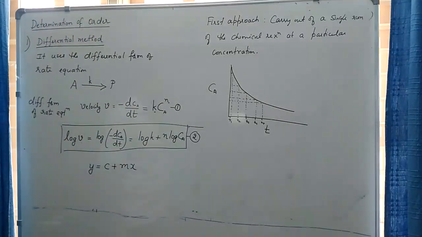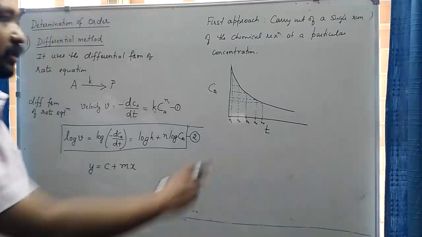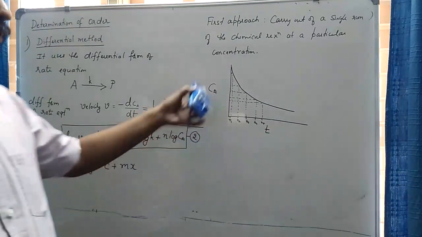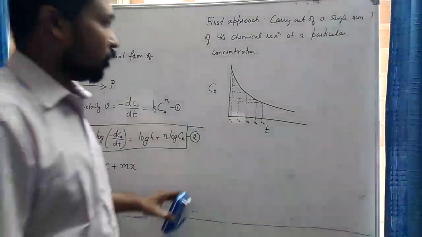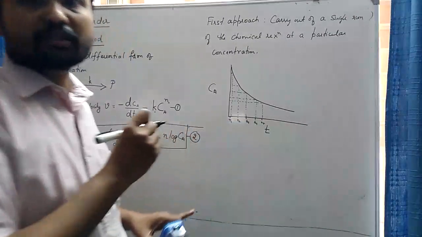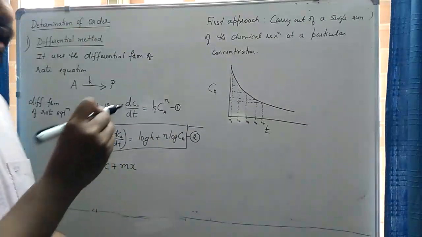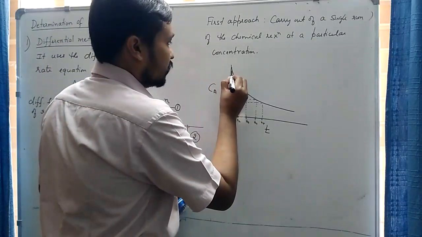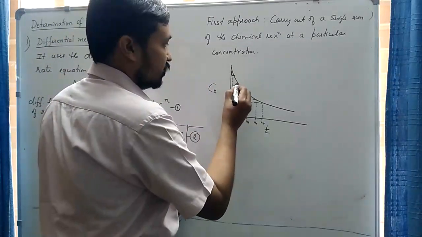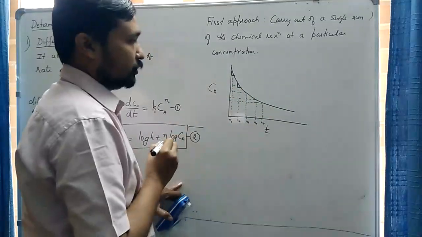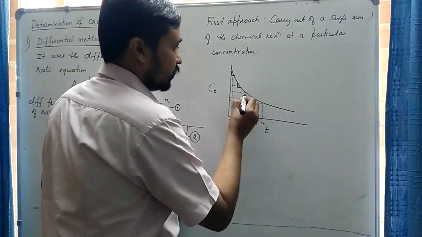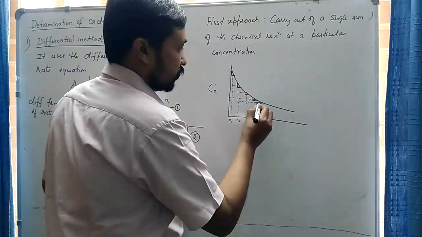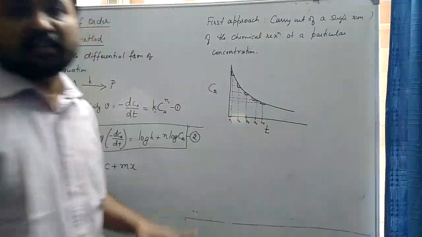So you can find 5 different concentrations at time intervals t1, t2, t3, t4, t5 that you have found experimentally. Now we will find the slope of this graph at these time intervals: the slope at t1, at t2, at t3, at t4, and at t5.